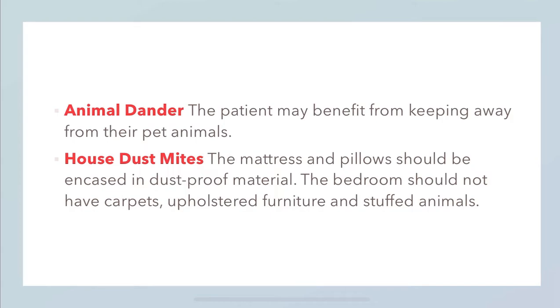The bedroom should not have carpets, upholstered furniture, and stuffed animals. If you have allergic rhinitis, avoid these things, and also encase the pillows and mattresses in dust-proof material so that they are away from the house dust mites.